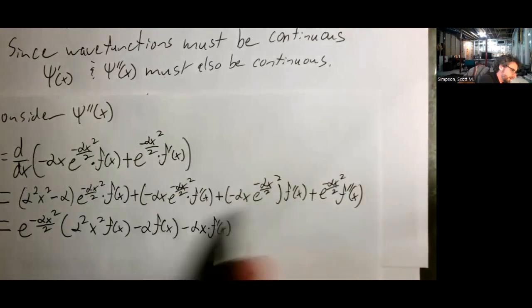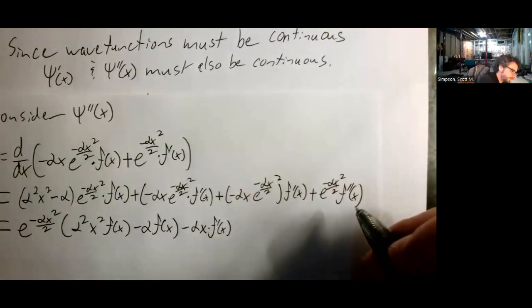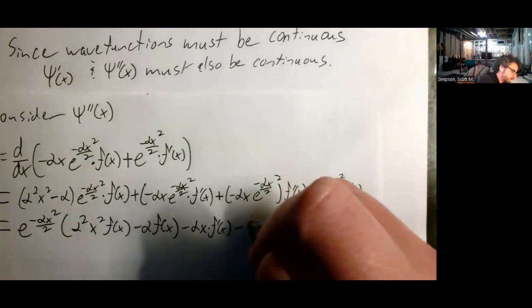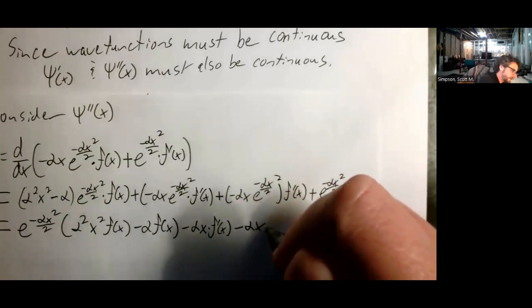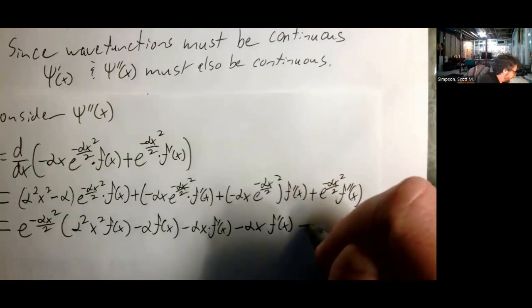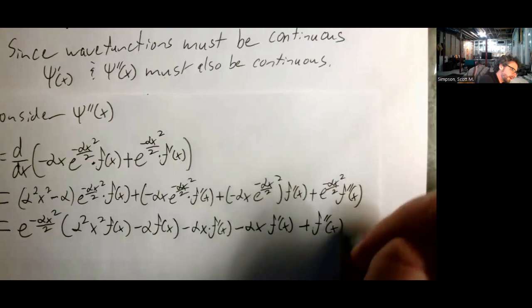Pulled this guy out, so then we should get another minus alpha x f prime of x. And then finally, at the end of this, f double prime of x.